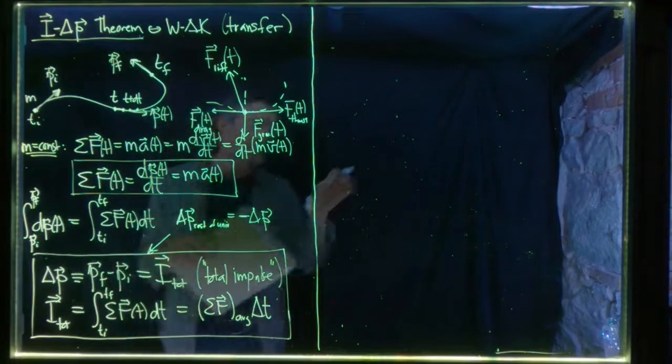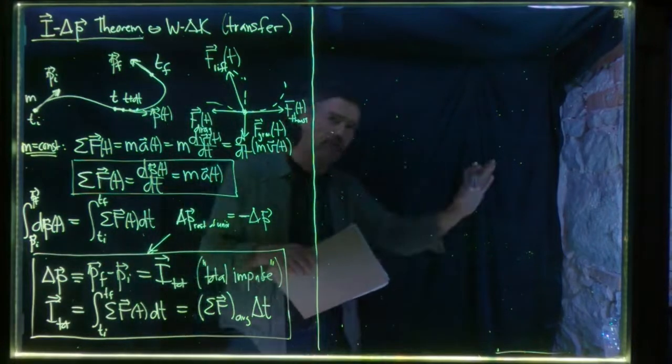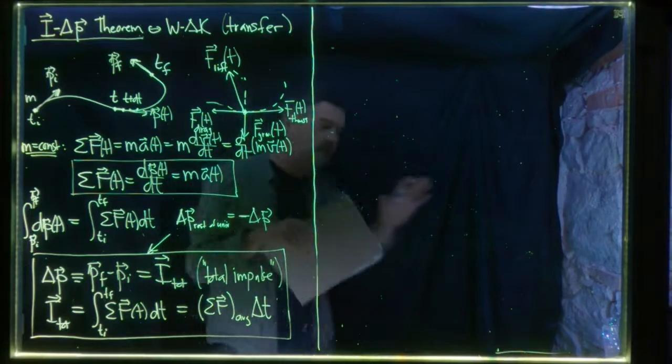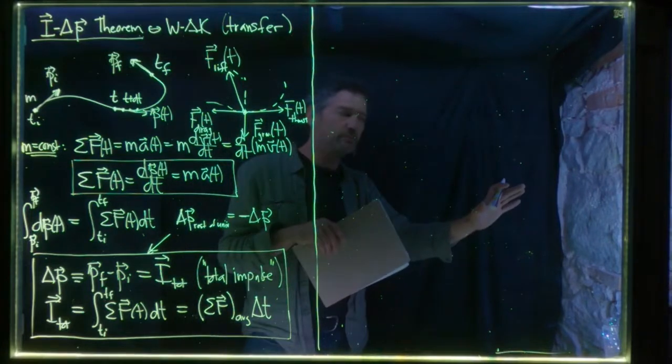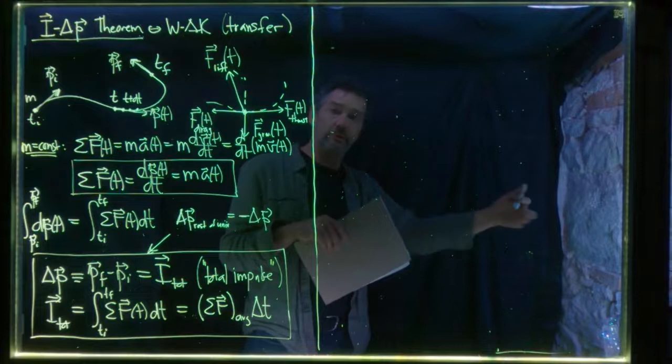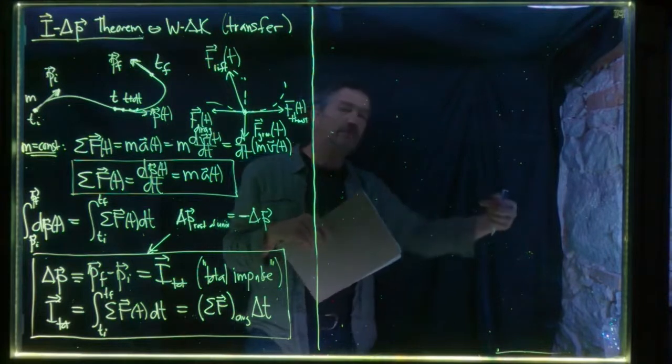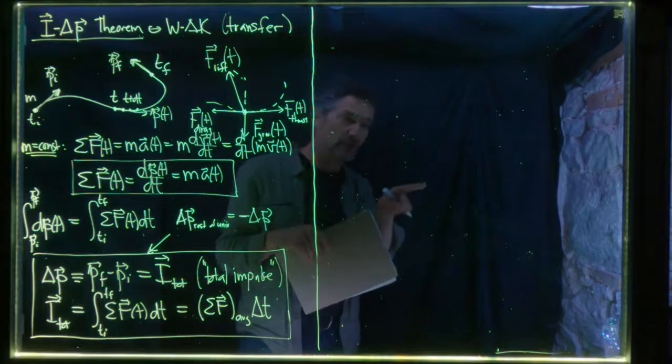Okay, because when you apply a force to an object acting over time, you're going to transfer momentum to that object. But by Newton's third law, there's a force acting back on the thing that's applying the force. And so the momentum transferred to that object is the negative of the momentum you transfer to the other object.